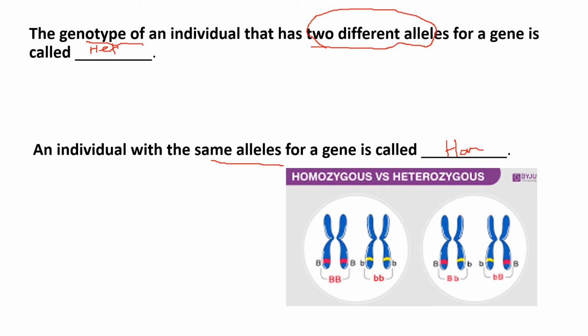Here we see that this chromosome has the same allele, so this one will be homozygous, and this one also, although it's recessive, will also be homozygous. When you have different alleles in the same chromosome, they will be heterozygous.